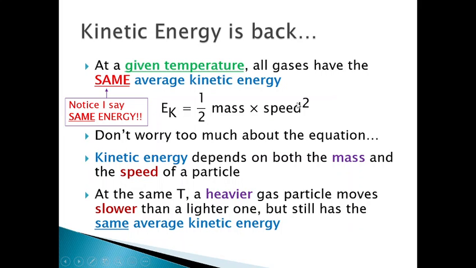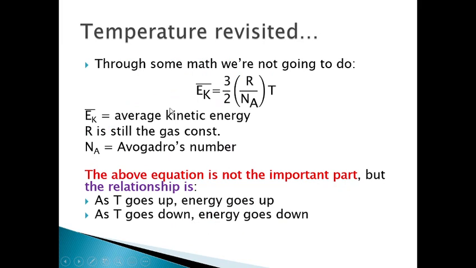Lighter things move faster, heavier things move slower, with the same amount of energy at a given temperature. I bring that up because kinetic energy, EK, also has another equation. Again, don't bother writing this down or memorizing it, because the equation's not the important part, but the relationship is.